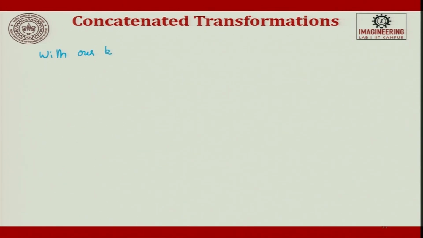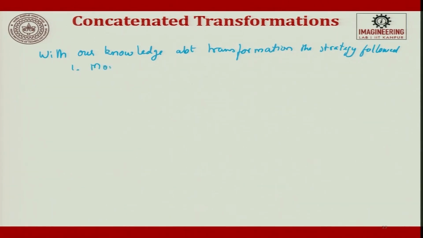With our knowledge about transformation, the strategy followed: first, move the point P into the z axis, the matrix is T1.